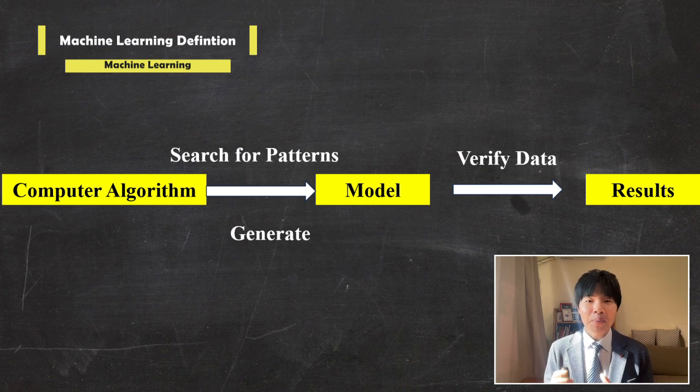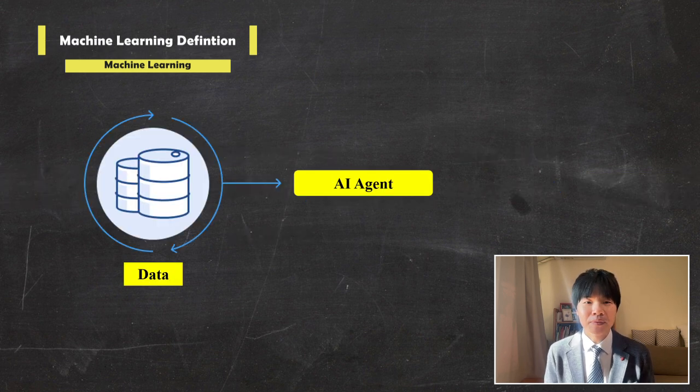Then, by inputting new data into these models, predictions and corresponding conclusions can be drawn. I mentioned earlier that algorithms are used to generate models, which generally requires providing data to the artificial intelligence agents. Thus, the agents use this data and proceed through the algorithm to generate the model.